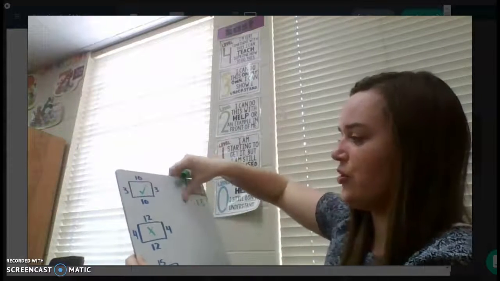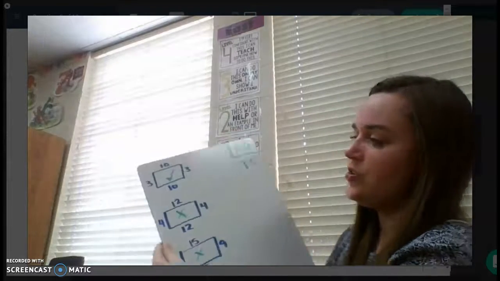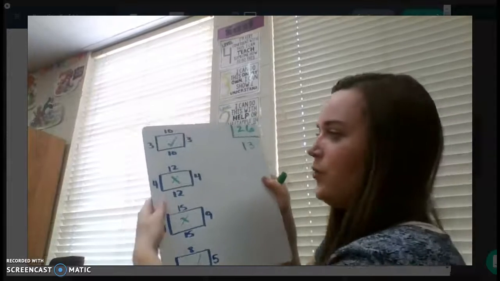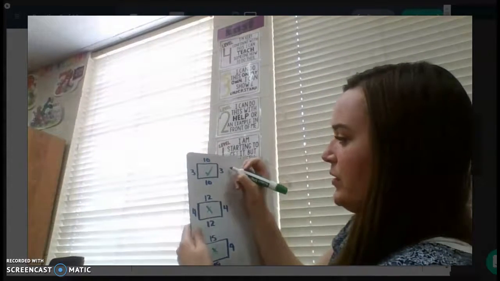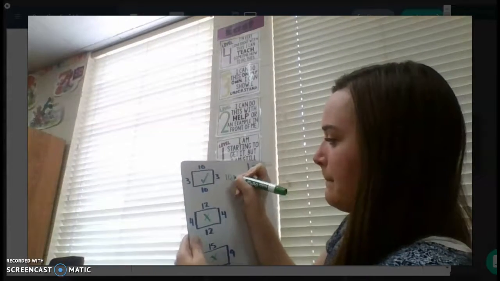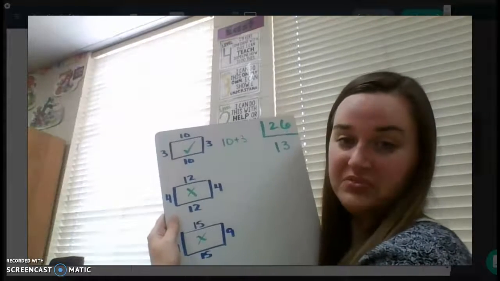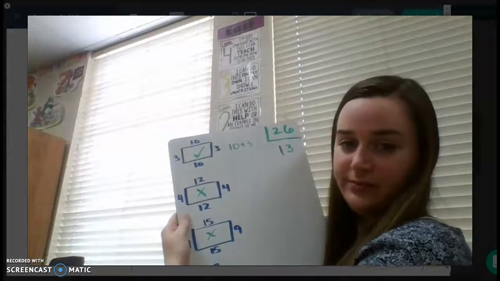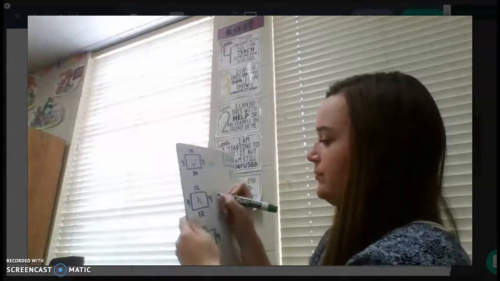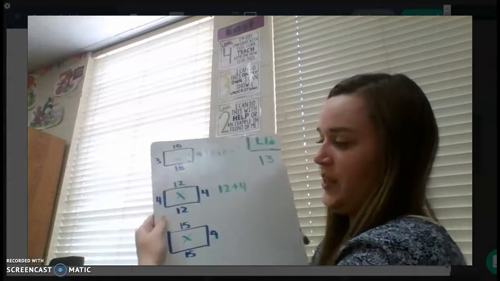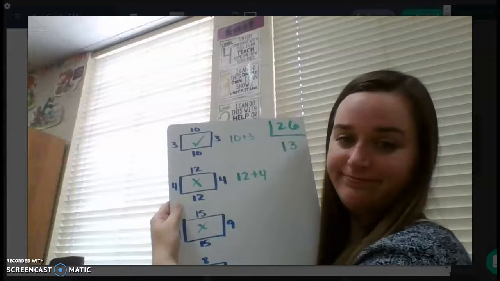So let's show you how this works. So for this one, we had a 10 and a 3. Is 10 plus 3 going to be 13? Yes, it is. Look, that one works. Let's try the next one. Is 12 plus 4 going to be 13?